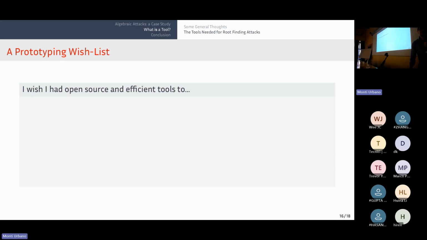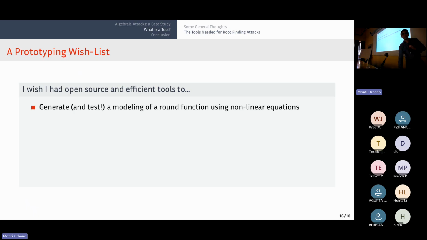And for the specific case of root finding attacks and for the specific case of prototyping these root finding attacks, I have a bit of a wish list. So who knows if there is someone in the room who wants to help. As I said, I want to be able to generate and also to test the modeling of a round function using nonlinear equations easily.